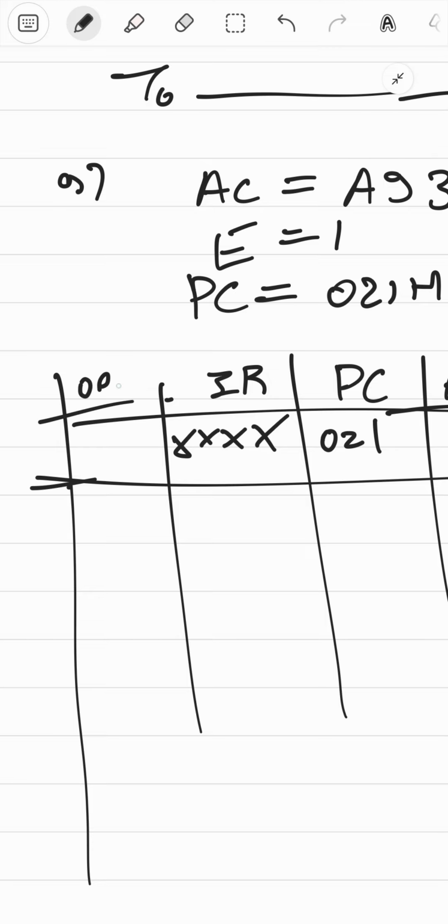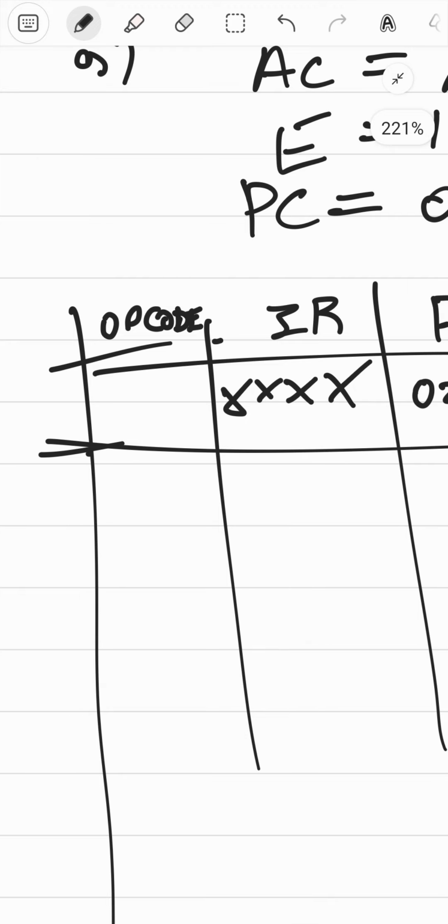Alright, it's the OP code. I hate this. Okay, register reference instructions are 0111, which in hexadecimal would be 7. So it's 7 and then some stuff.